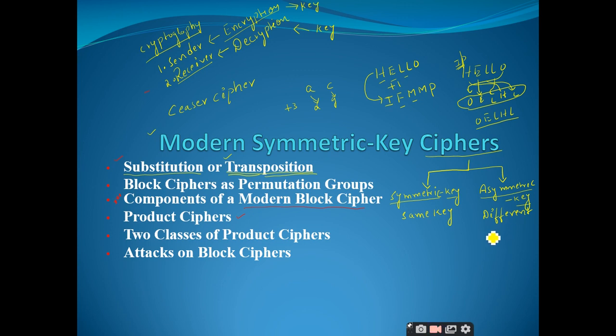Is it clear up to this point? This is enough from our discussion point of view. So symmetric key cryptography uses the same key for both encryption and decryption, whereas asymmetric key cryptography uses different keys.